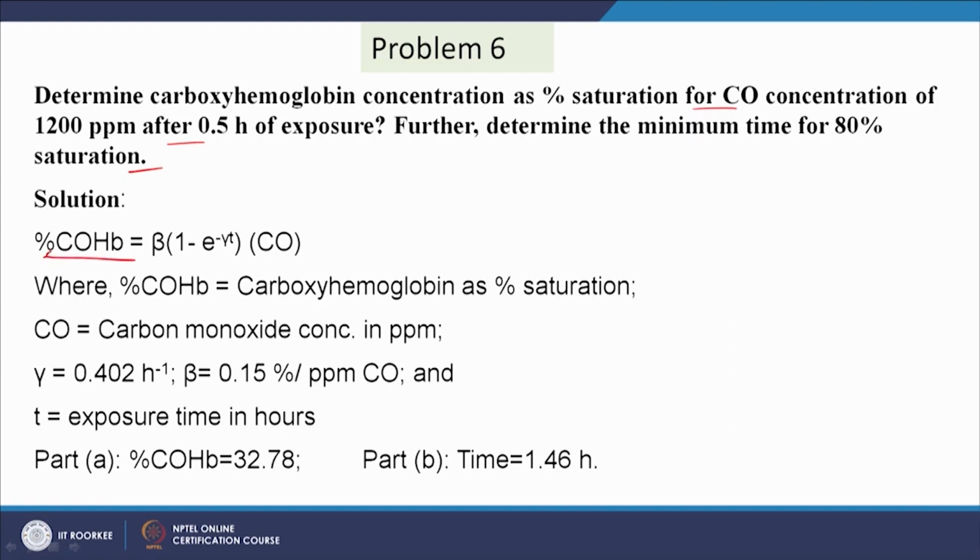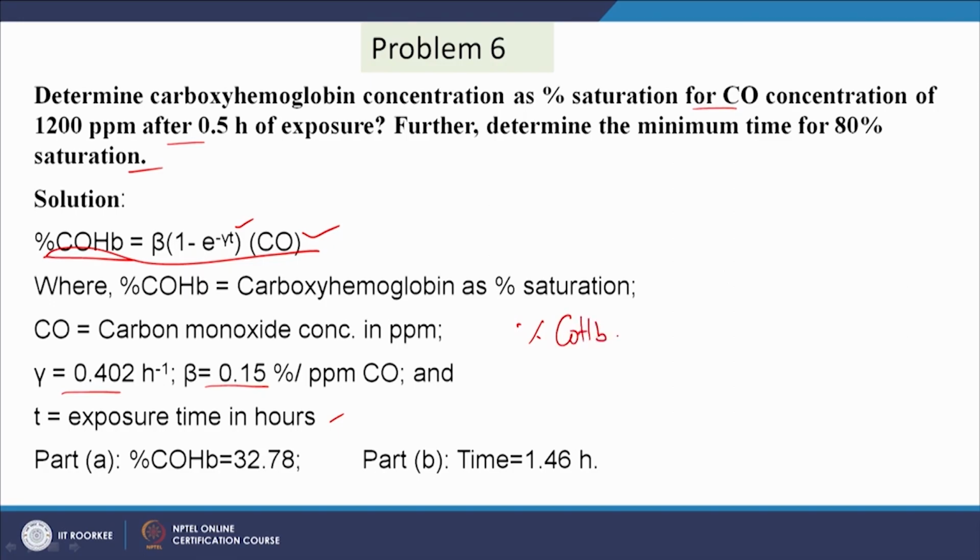The percentage equals beta into 1 minus e to the power minus gamma t, into CO, where CO is the concentration of carbon monoxide in the air, beta is 0.15% per ppm CO, a constant, gamma is also a constant, 0.402 per hour, and t is the exposure time in hours.